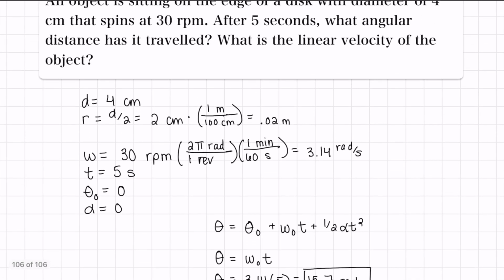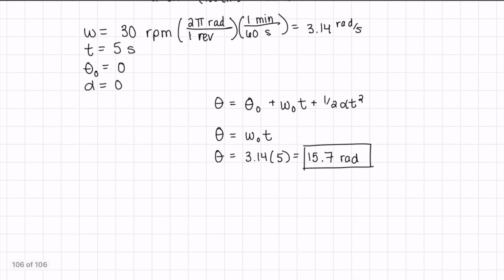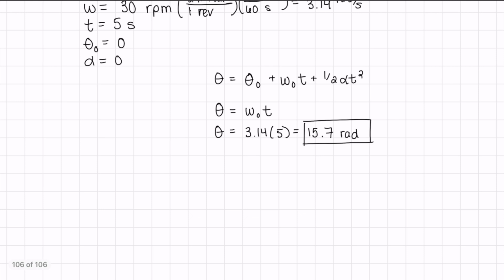Then part B is asking what the linear velocity of the object would be. So we're going to do a conversion from an angular quantity to a linear or tangential quantity. And for that, we'll use our tangential velocity, which most of the time they leave that t off that I wrote. So v is omega r.